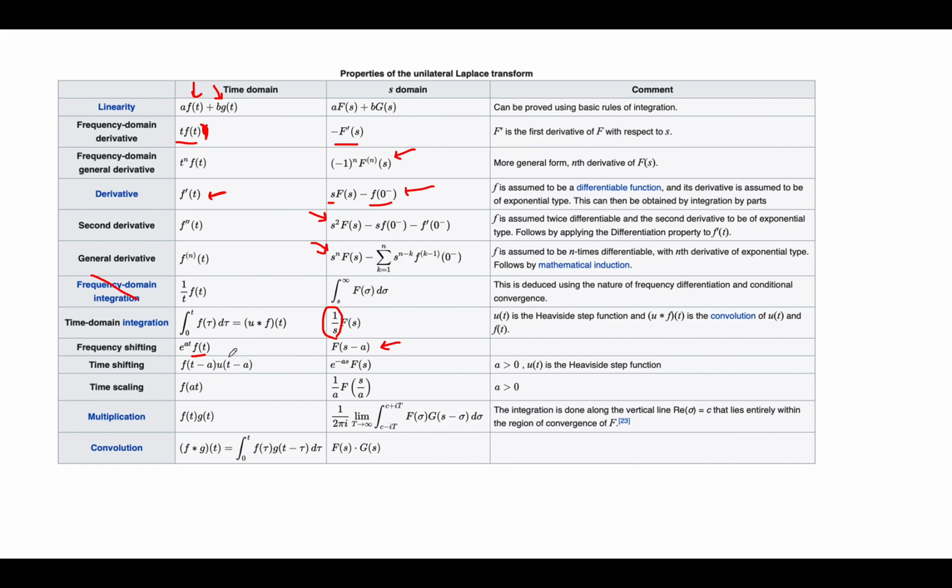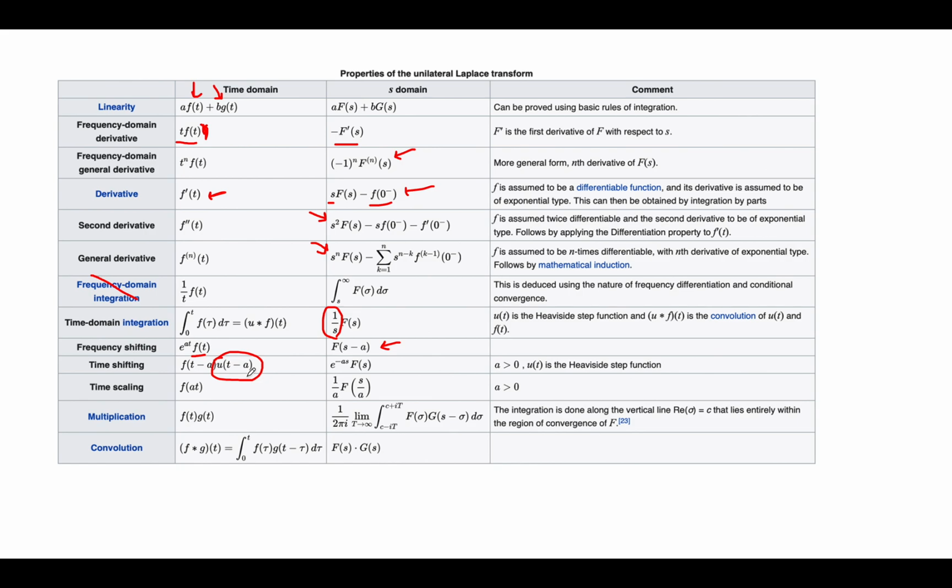The one thing that I want to be sure you get is, notice the Heaviside or step function has also been time shifted, and it's been time shifted by the same amount. So a lot of times you may see a function of time and it may be multiplied by a time shifted step function.